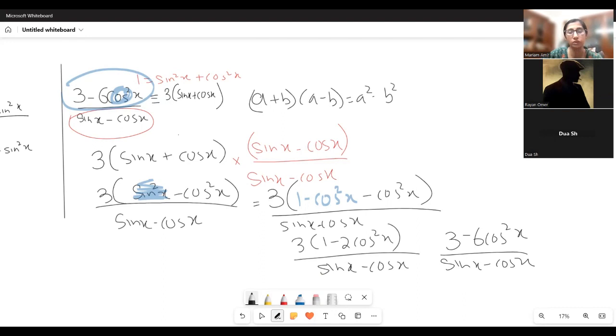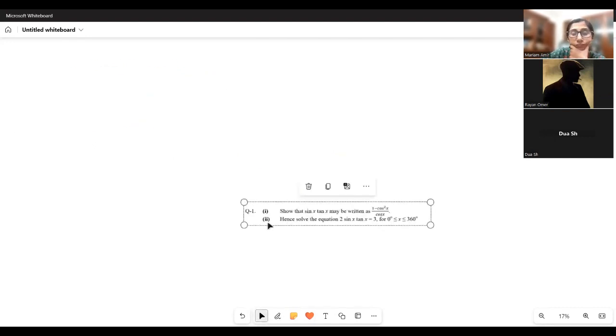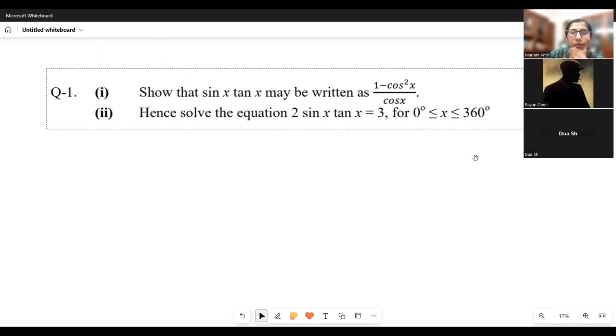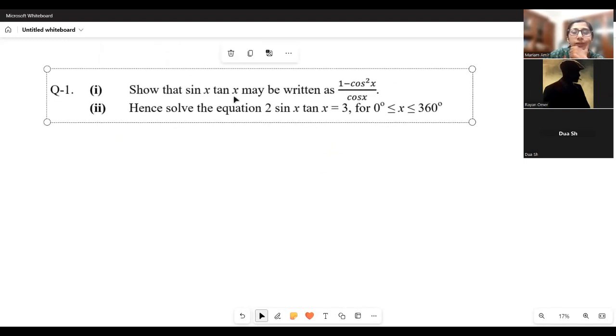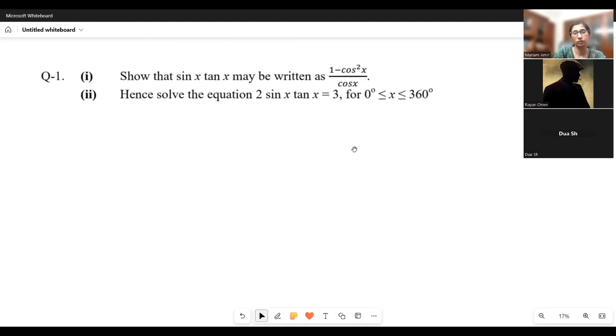Question number 1 of the worksheet. So that sin x tan x may be written in this form. This is a question on identity. So that this can be written like this. Okay. So I'm going to change tan x into sin x over cos x.